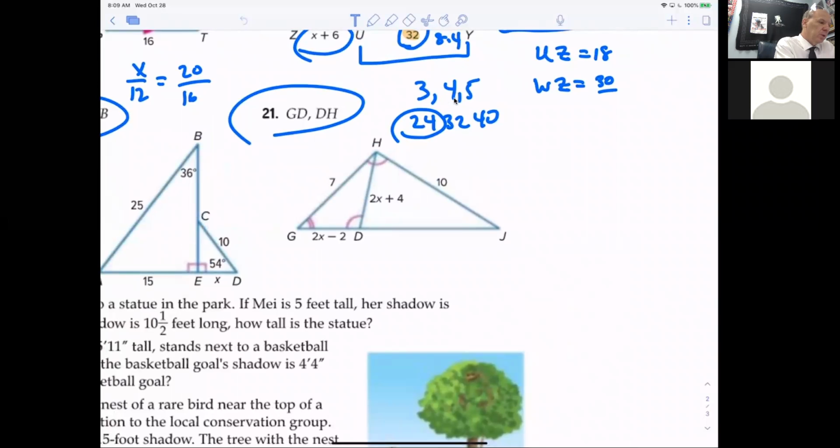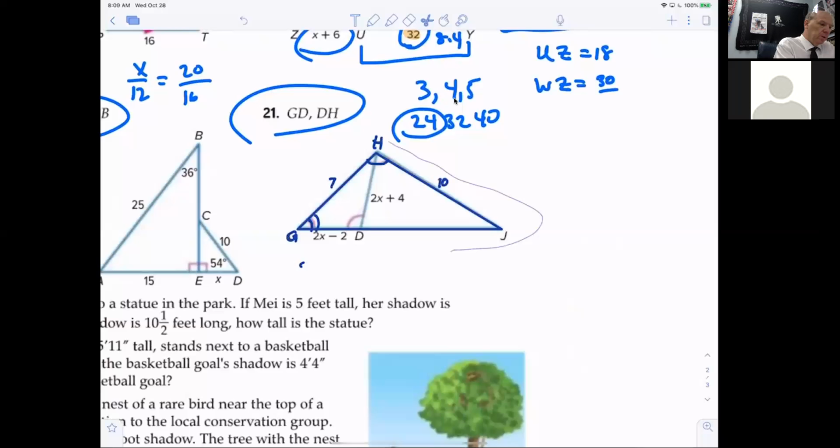So what I'm going to do is go ahead and draw this triangle here. And I think this is the key to getting these correct when they overlap. G, H, 10, this, and this. Oh, and this is 7.